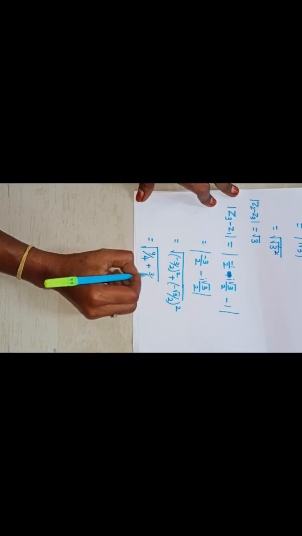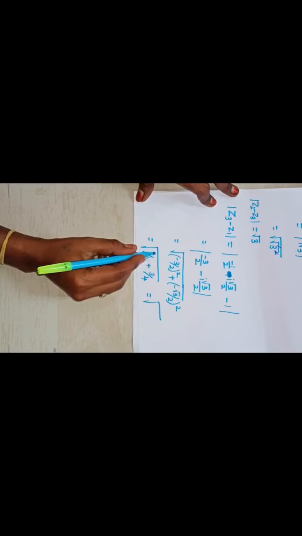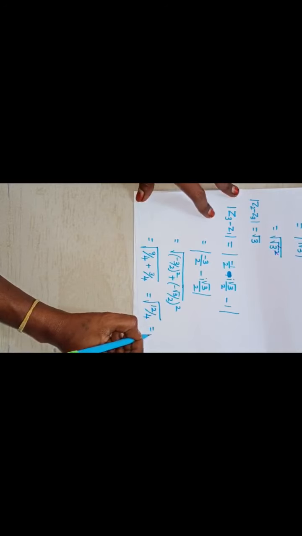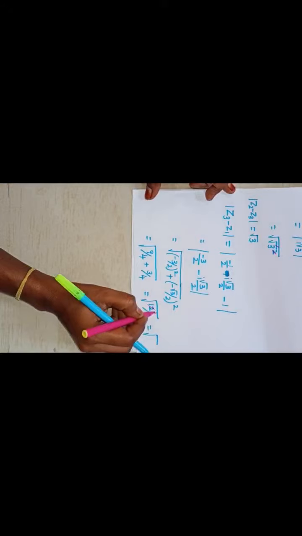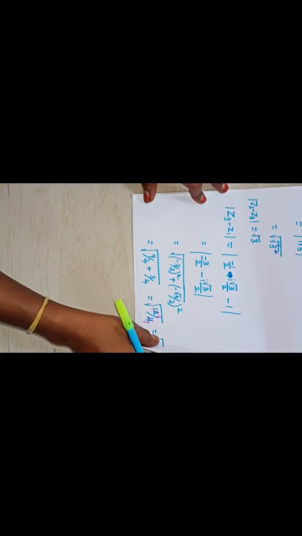So finally we got 3 divided by 2 squared is 4, which is equal to square root of (9 plus 3) is 12 by 4, which is equal to square root of, 1 4 is 4, 3 4s is 12. So square root of 3. Finally we got square root of 3.